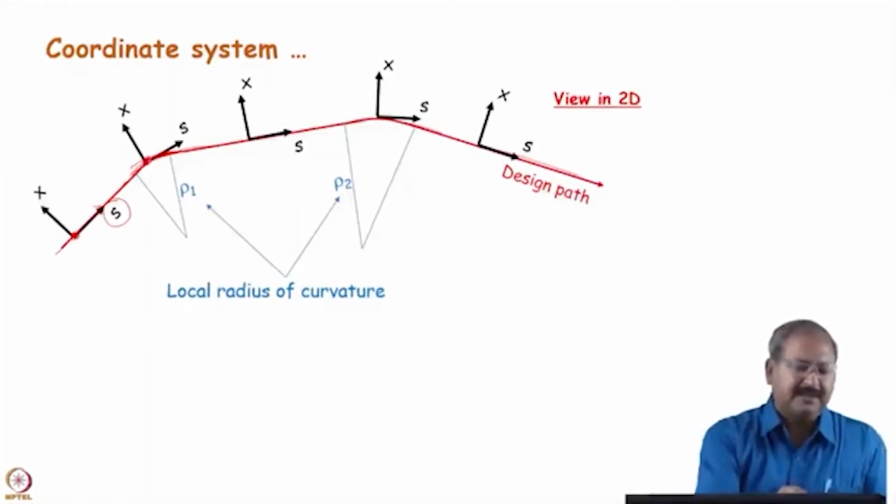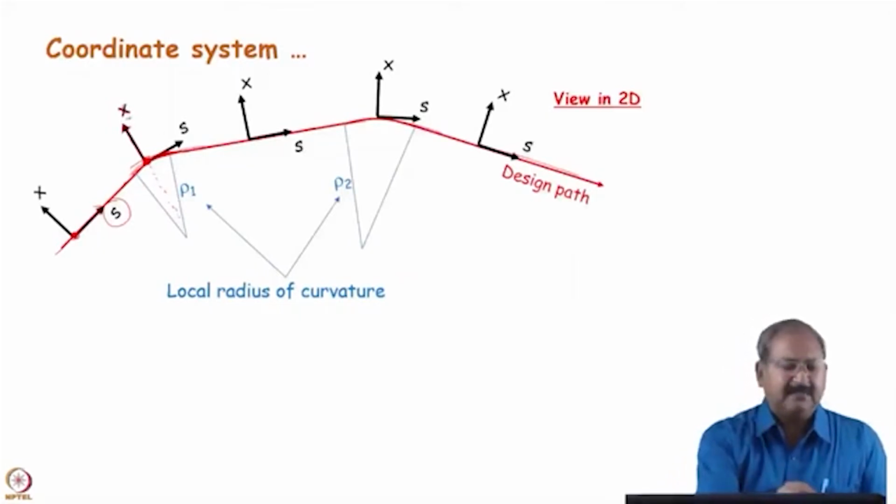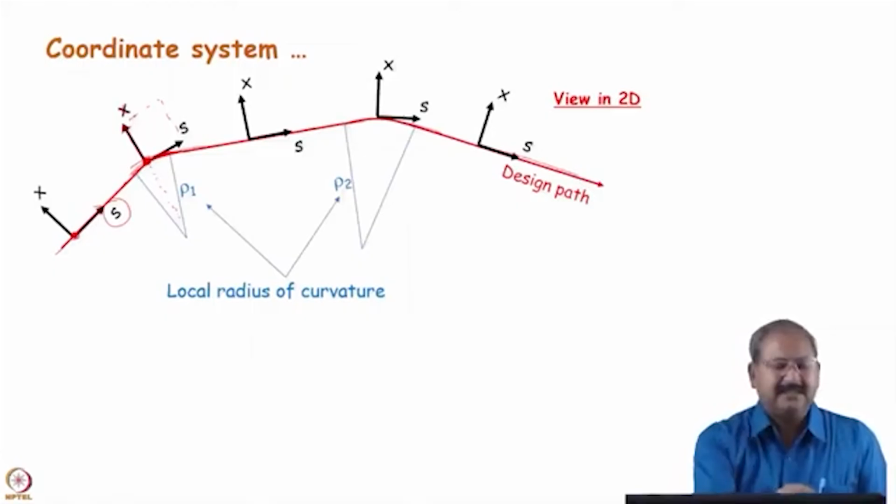Now here, because the radius of curvature is in this direction, opposite to that we take the x-axis. So the radius of curvature and the x-axis are in the same plane. The plane formed by x and s is known as the horizontal plane. Generally, because in accelerators bending of the trajectory takes place in the horizontal plane, we say this is the horizontal plane.